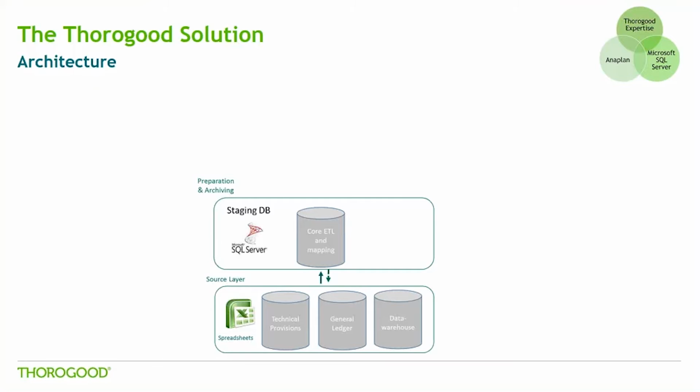Now, to do the staging properly, it's going to have to extract all the relevant data from all the relevant sources, and that might involve some transformation. So we might be talking data mappings and other sort of standard logical operations to get the data beautifully lined up for the next stage, which is going to be Anaplan.